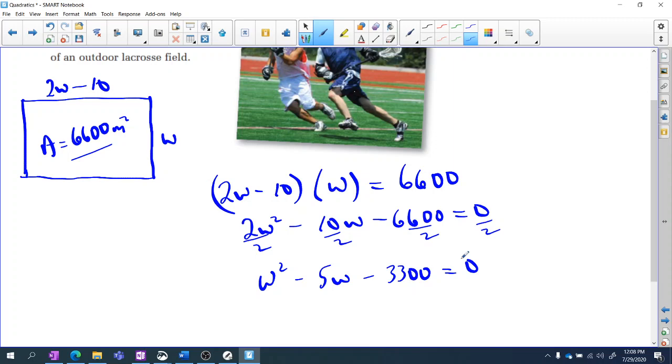Let's try. Okay, so after some playing around on my calculator, I realized that 3,300 is 60 times 55. Now what I don't like about this is that probably took me about 10 minutes to figure those out, so I paused the video and came back.